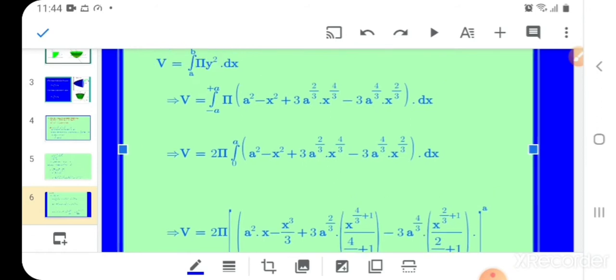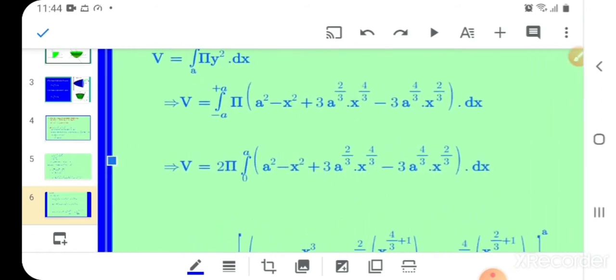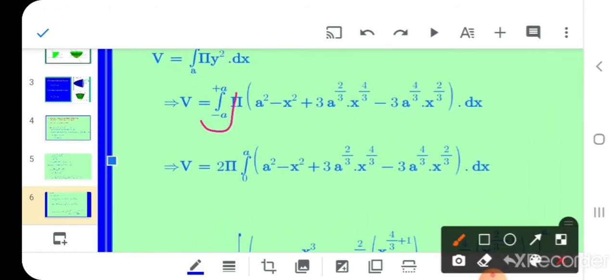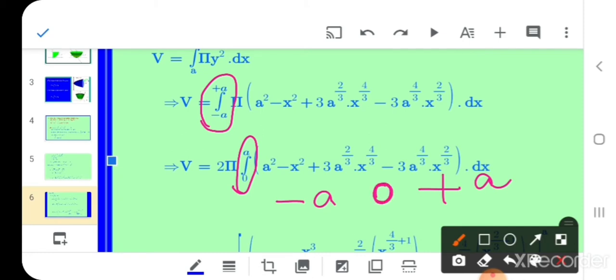Okay, see here. First I write limits minus a to plus a as 0 to a. Minus a to plus a means the middle term is 0. We have to find the volume from minus a to plus a.